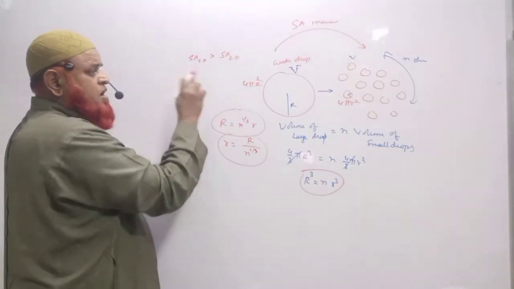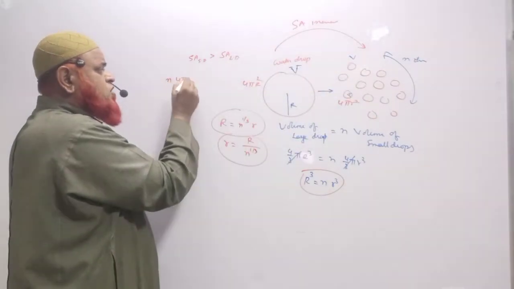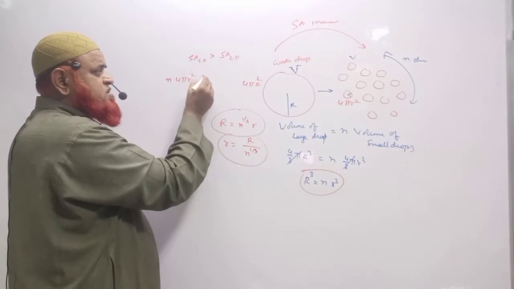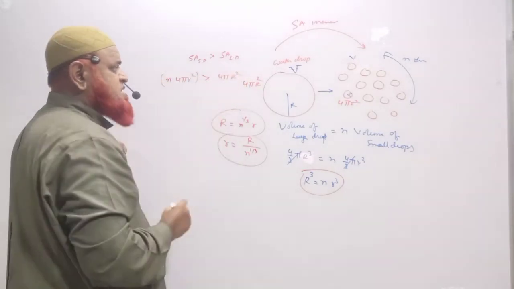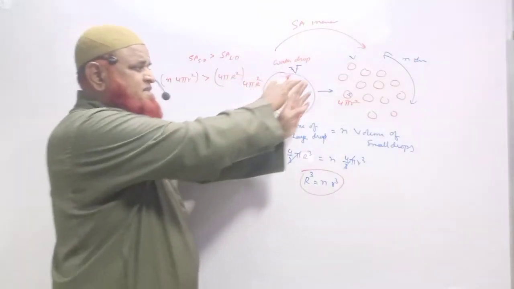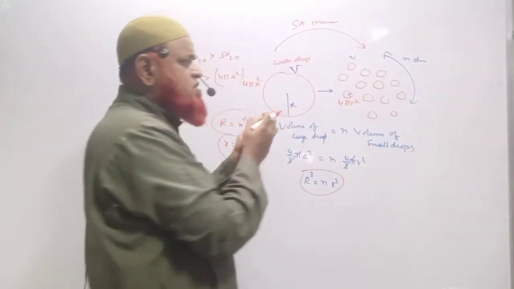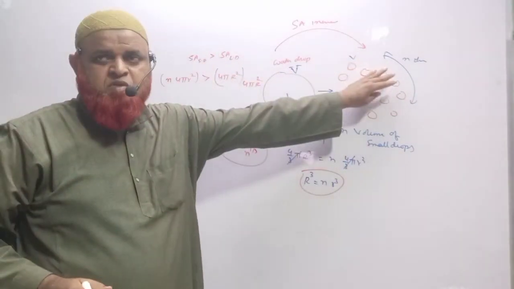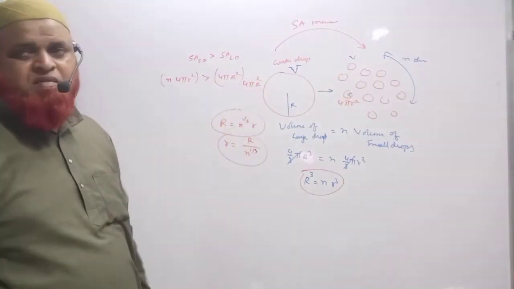Now, how many surface areas of smaller drops are there? n into 4 pi small r square, which is greater than 4 pi capital R square. Is it understood? So if you take all these surface areas and the surface area of the larger one, definitely the surface area of the smaller drops will be greater compared to the single one.